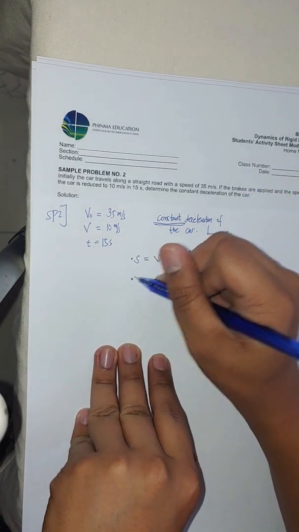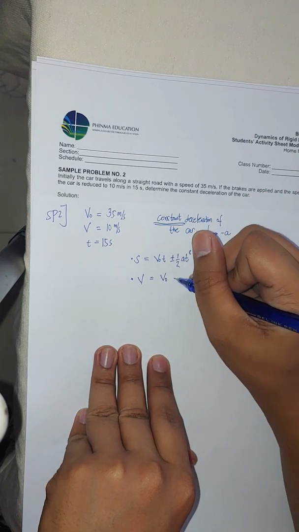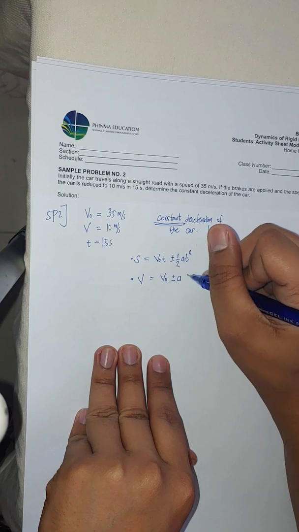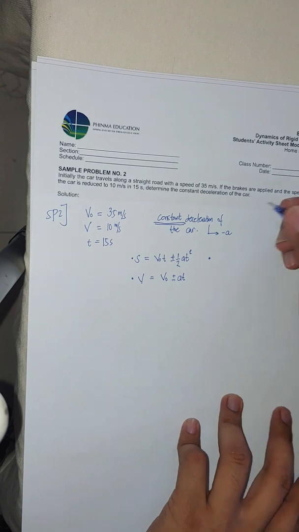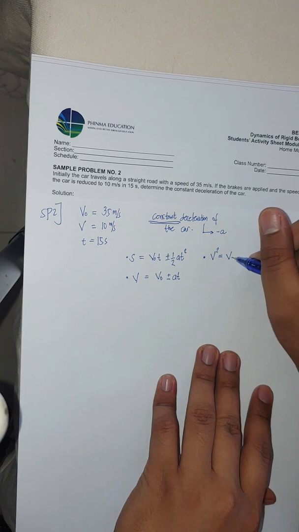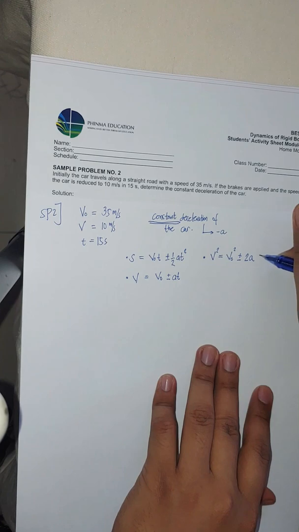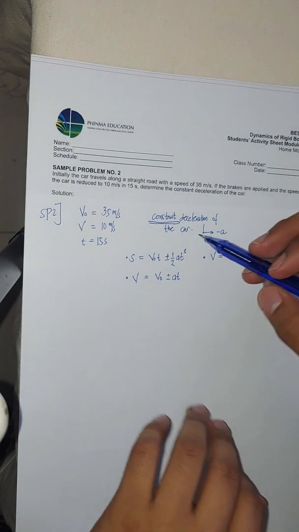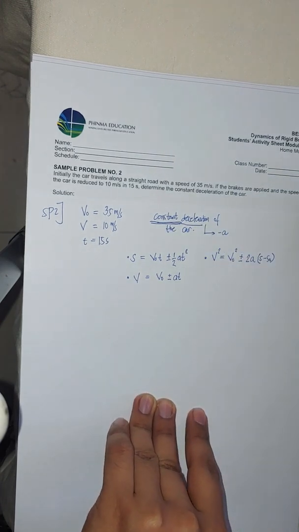We also have the final velocity is equal to the initial velocity plus or minus the acceleration with respect to time. Then our third kinematic equation, the square of the final velocity is equal to the square of the initial velocity plus or minus twice the product of the acceleration times the displacement s minus s naught. So, we will use these constant acceleration equations to solve for the constant deceleration of the car.